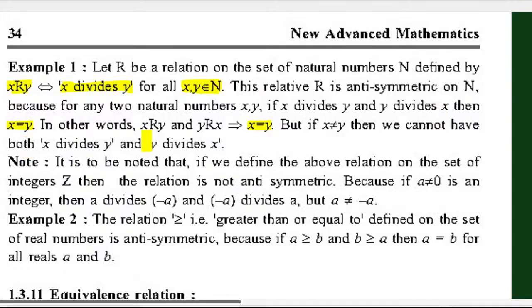In other words, x related to y and y related to x implies x equals y. We cannot have other numbers. But if these two are unequal, x and y not equal, then we cannot have both: x divides y and y divides x.